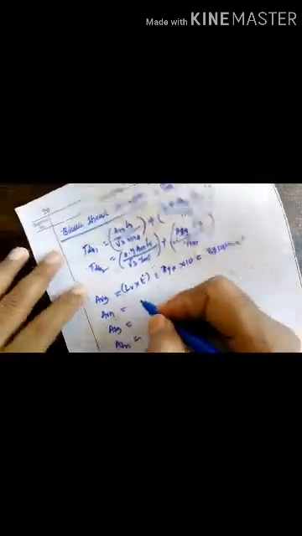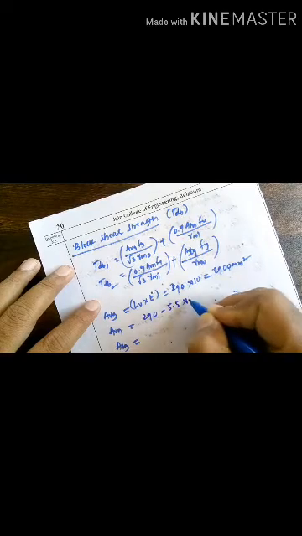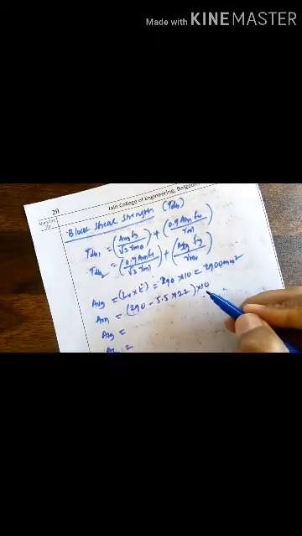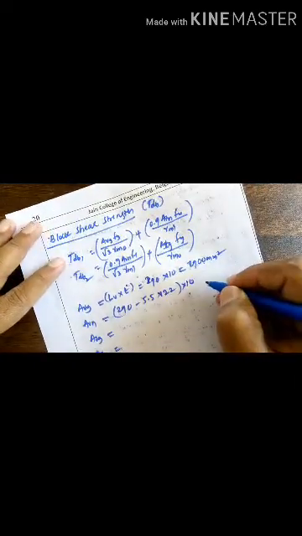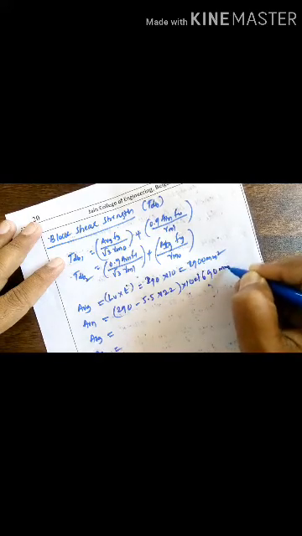So that is 290 minus 5.5 into 22 into 10. You'll get 1690 millimeter square.